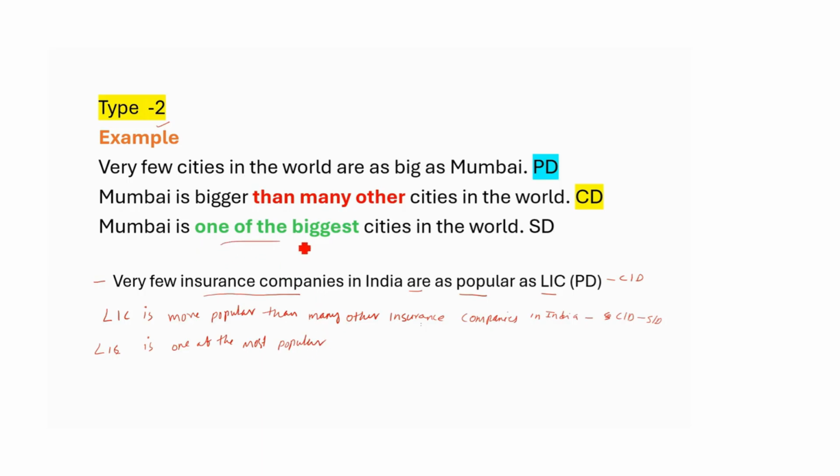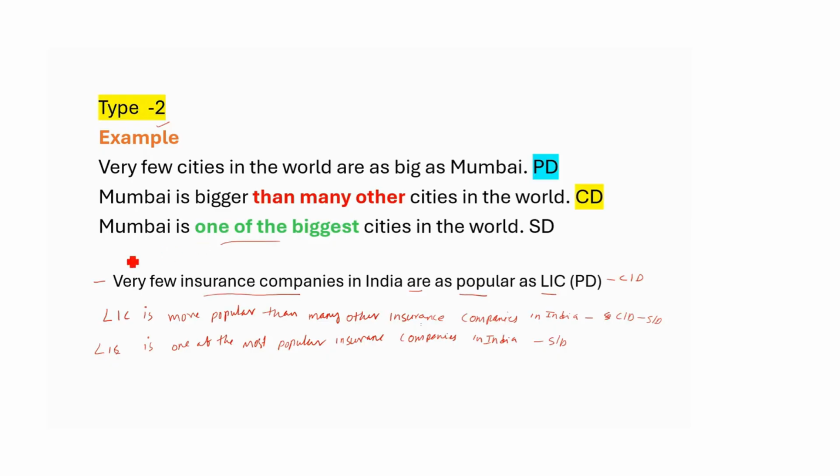We have to add these words: one of the most popular. This is a superlative degree. So in this way, you have to change from positive degree to comparative degree and comparative degree to superlative degree.